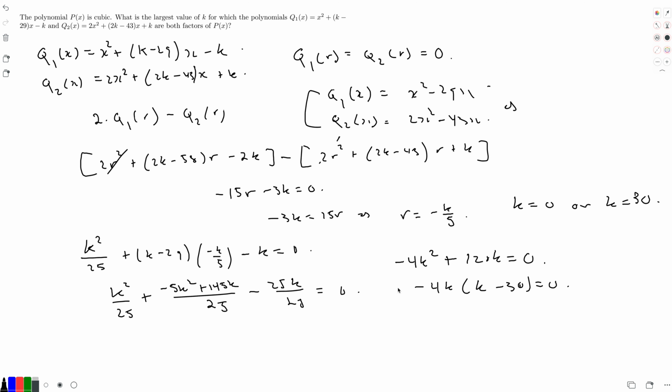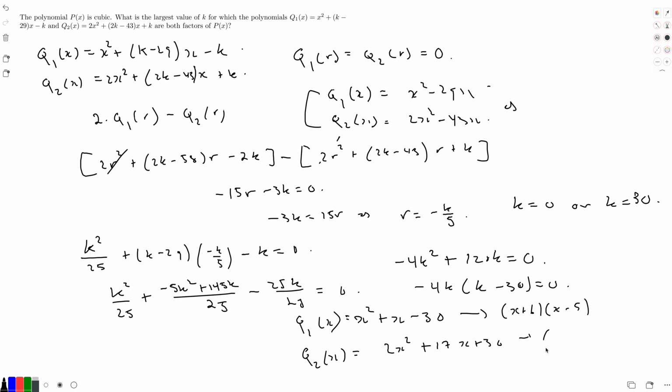So let's try k equals 30. When k equals 30, q1 of x is x squared plus x minus 30, and q2 of x is 2x squared plus 17x plus 30. We can do some factoring. q1 is x plus 6 times x minus 5.